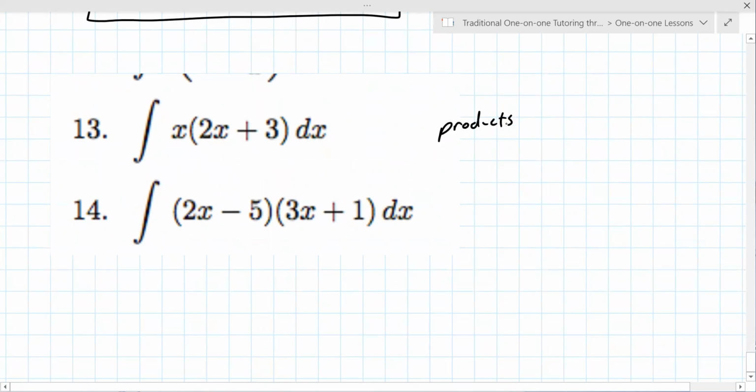And because you have a product, you really need to multiply it. In this one, you need to FOIL. There's not a known method for integrating these. Although an integration by parts might work, although it'd be really complicated for this, but it might work.